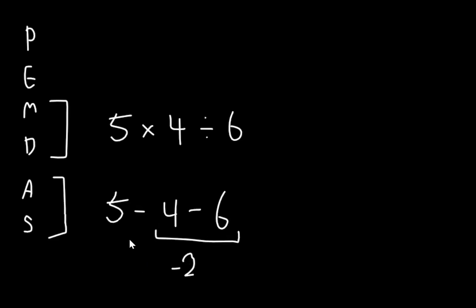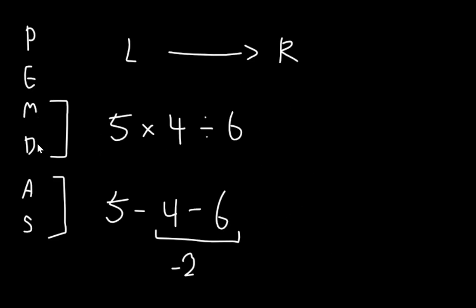However, that's not the correct answer. You have to do it from left to right. So my advice is to just go from left to right, and then do PEMDAS, except the M and D are at the same level, and A and S are at the same level. Just do it from left to right, though you kind of have to jump around if there are parentheses and stuff first.